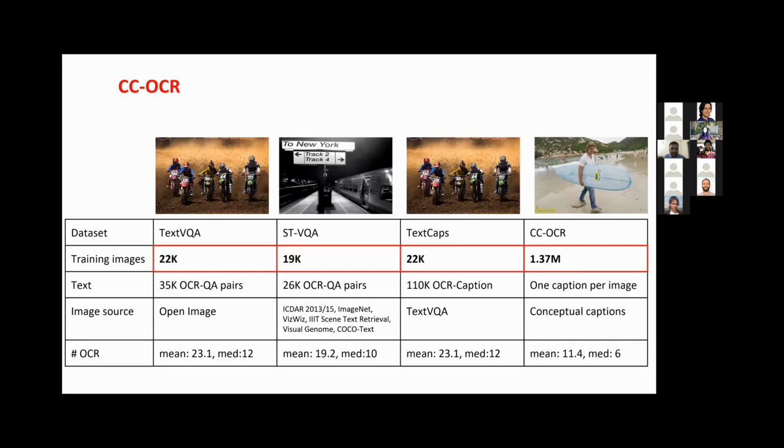And another advantage of pre-training is that no answer annotation is required during the pre-training stage. To unleash the power of our text-aware pre-training, we generate a large-scale syntax-related image caption dataset from the Conceptual Captions dataset, CC. So we end up with the CC-OCR dataset that contains more than 1 million images with syntax.